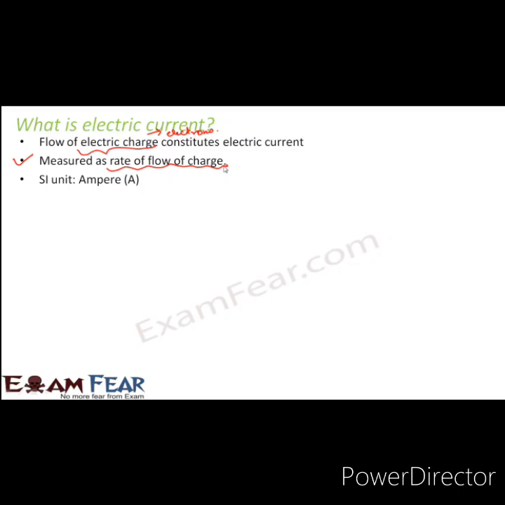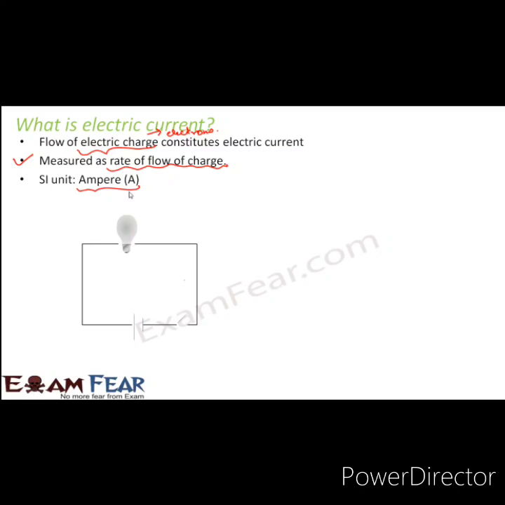The unit to measure electric current is ampere, which is normally denoted by capital A, and that's how we define the amount of current as 5 amperes, 10 amperes, 20 amperes, and so on.